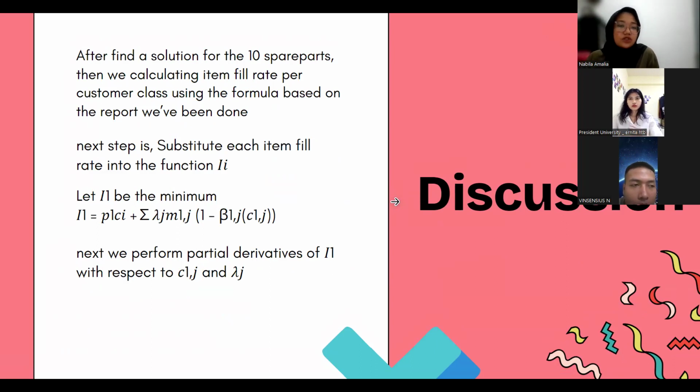Next step is to substitute each item fill rate into the function I. Let I1 be the minimum, I1 equals P·LCI plus sigma lambda_j (M_N,L,j − (1 − β_1,j)) C_1,j. Next, we perform partial derivatives of I1 with respect to C_1,j and lambda_j.